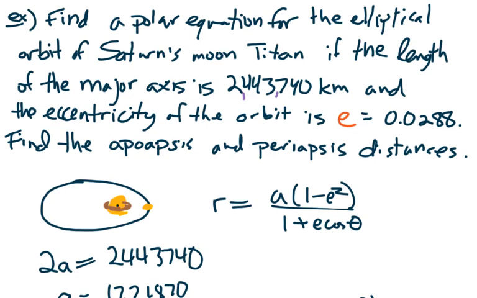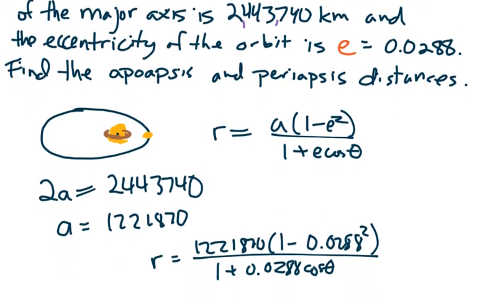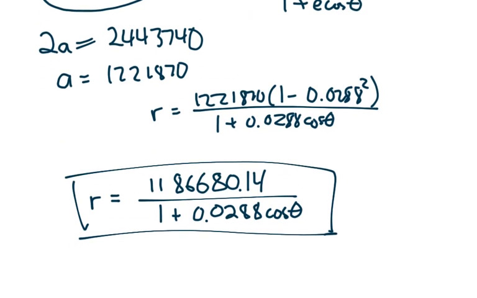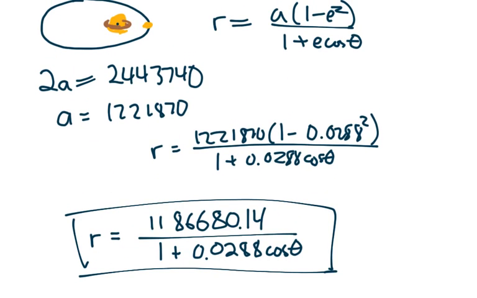I realize, of course, that I drew my picture up here wrong. I put the Saturn at the wrong focus. I have a tendency to do that. Sorry. This is the one that's going to have plus on the bottom. Not that it matters, but this is the formula we use. This picture is going to make sure that periapsis is when theta equals 0, and apoapsis is over here when theta equals π.